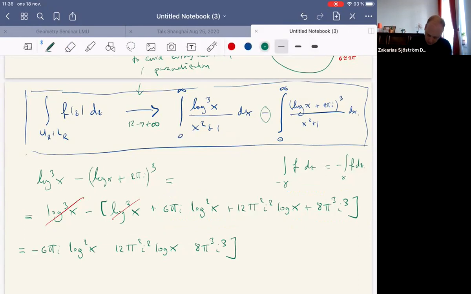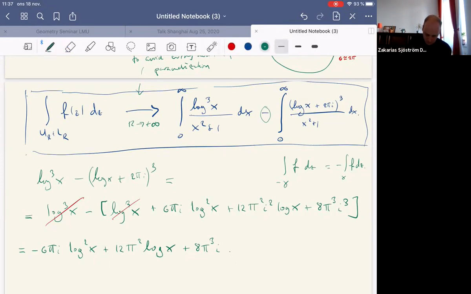So minus this, plus 12 pi log x, and then plus 8 pi. Okay, so this is plus and this is plus. I put the plus because I removed this, and I removed this. Okay, so this is what I did. So it's equal to this.